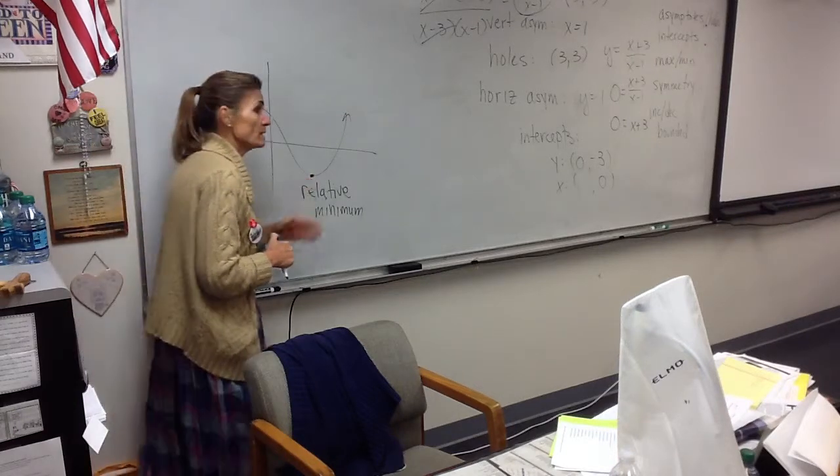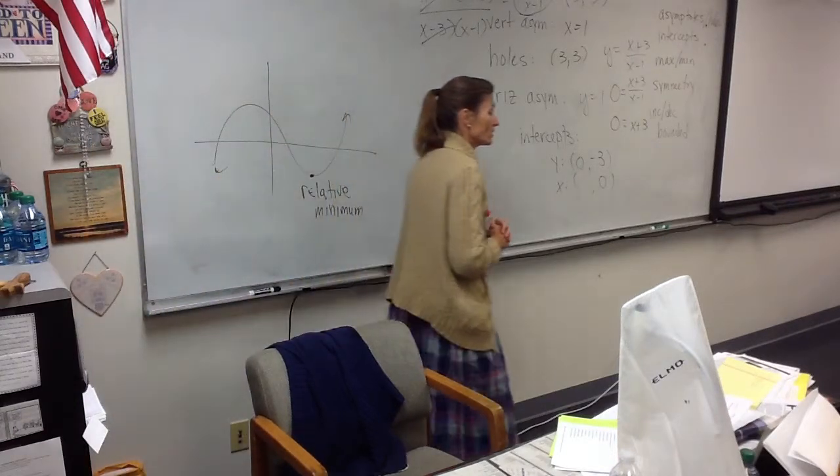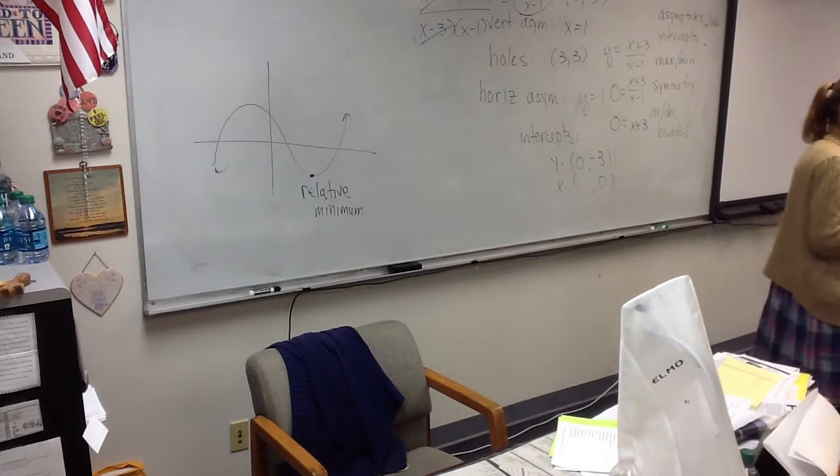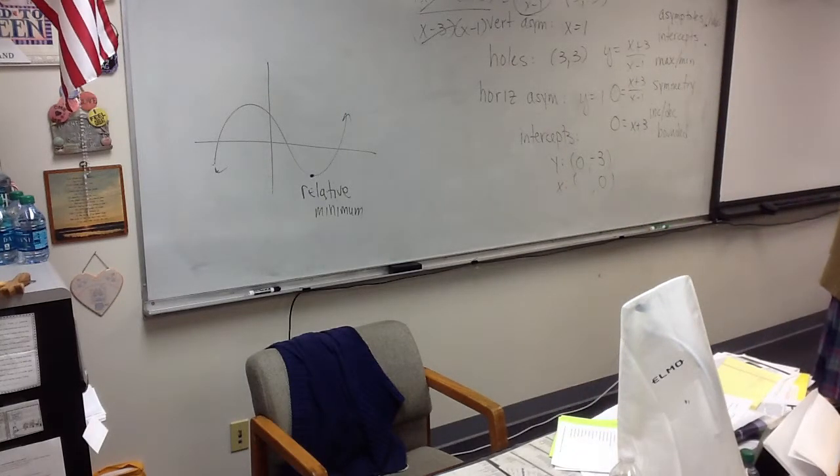To find a relative minimum on your calculator, you do exactly what you do when you find a zero. When you go to second calc, there's a whole list of stuff there. One of them is zero, but another one is minimum. Once you press minimum, it's going to ask you for left bound, right bound, and guess.